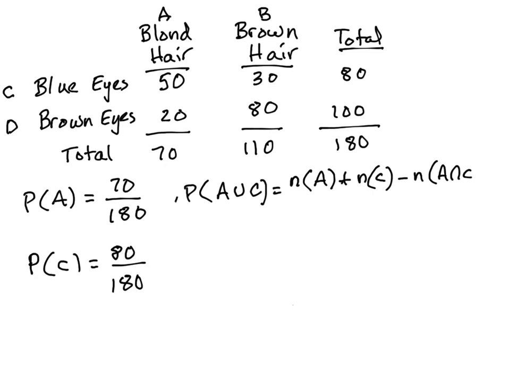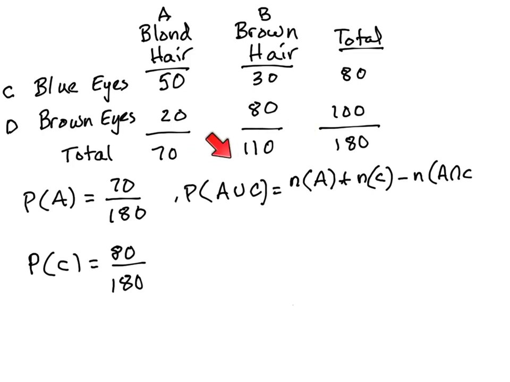So the probability of blonde hair, which would be P of A, is 70 divided by 180. The probability for having blue eyes is 80 over 180, because we have 80 people with blue eyes out of 180.